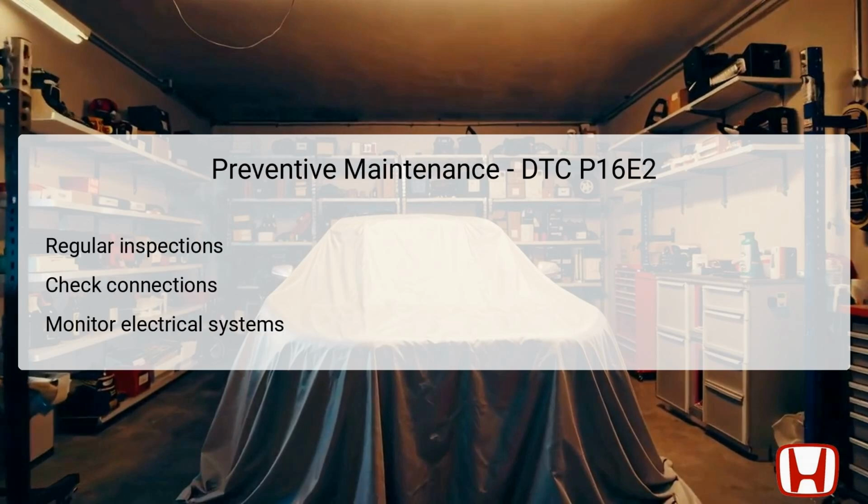Preventive maintenance plays a pivotal role in avoiding future occurrences of DTC P16E2 and ensuring the vehicle operates efficiently. Regular inspections of the alternator and battery sensor connections allow for the identification of potential loose terminals or corroded contacts before they escalate into larger issues.